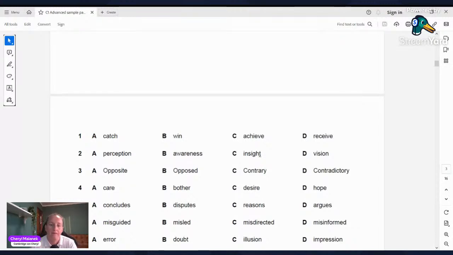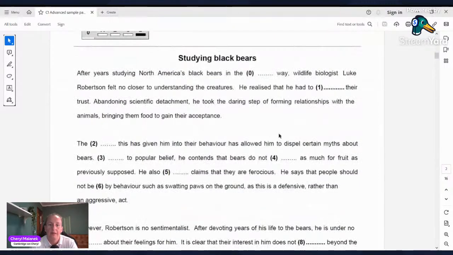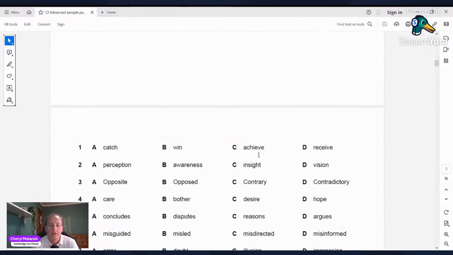Okay, another example, if I look at number 1, they had to blank their trust. I'm looking for verbs that go with trust. The one that comes to mind is to earn someone's trust or win someone's trust. Those are the first ones that would come to mind with trust. And here we go, we've got win someone's trust.